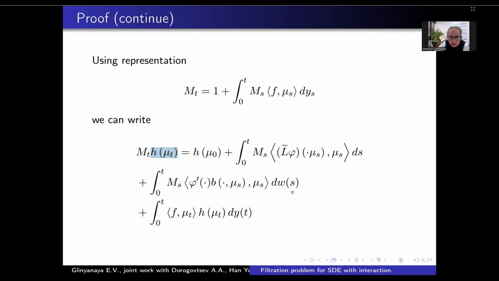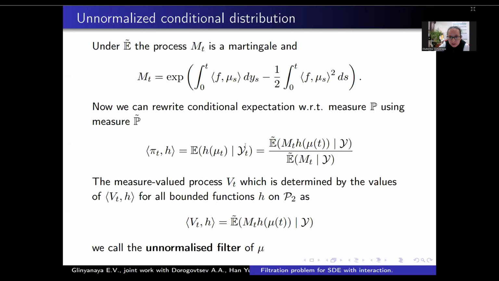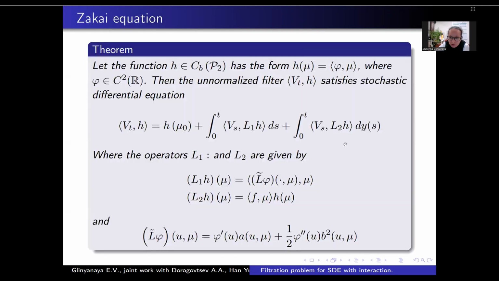Now the next step is to take the conditional expectation with respect to one sigma algebra. I recall that on the previous step we proved that we do not need to take the conditional expectation with respect to Yt, but if we have an Ft-measurable process here, we will consider the conditional expectation just with respect to one sigma algebra of the observable process.